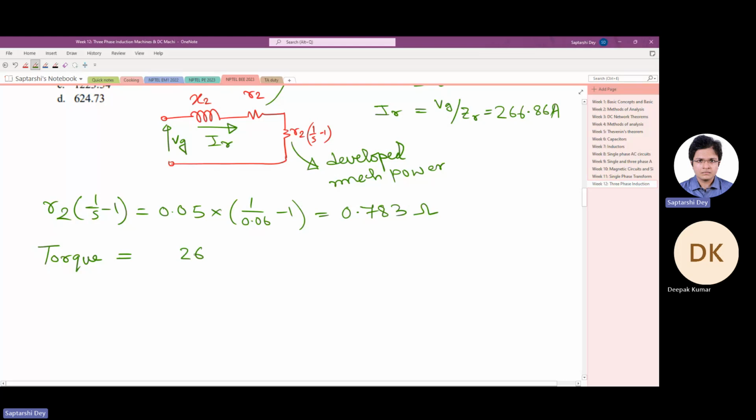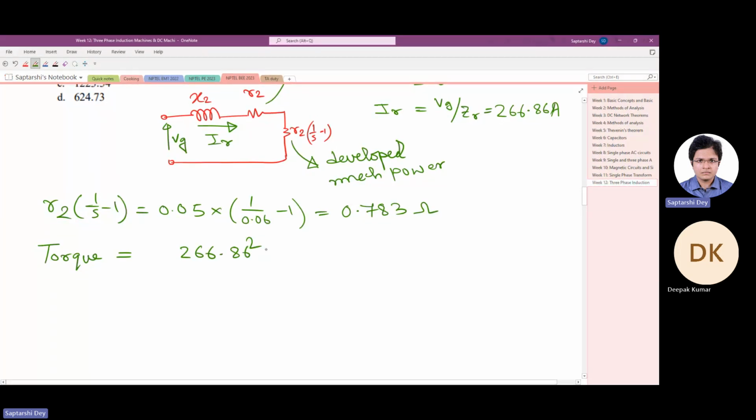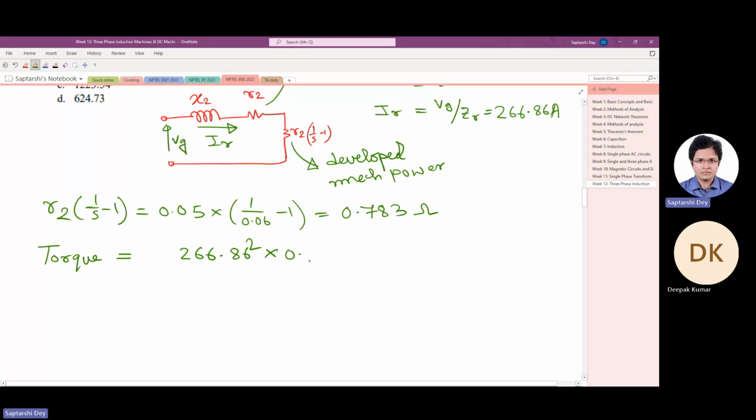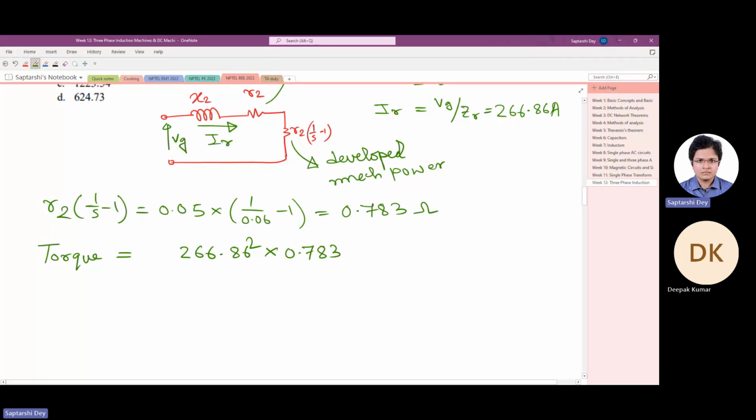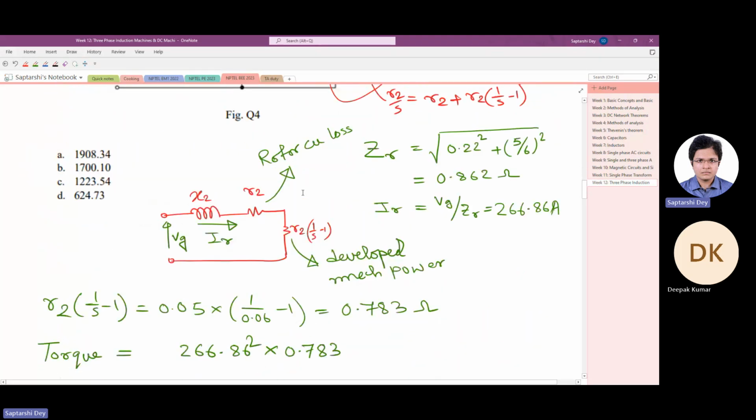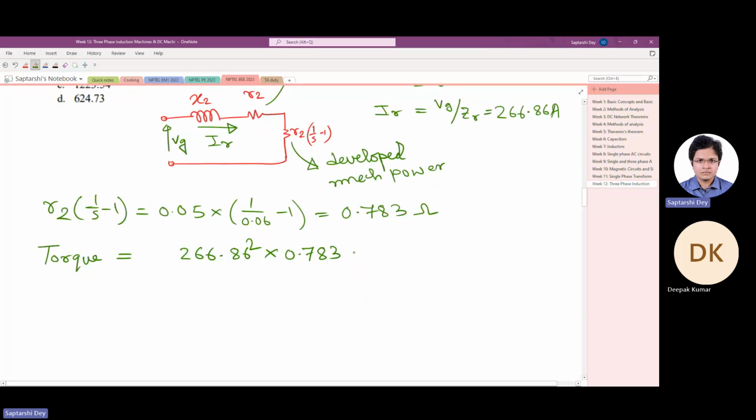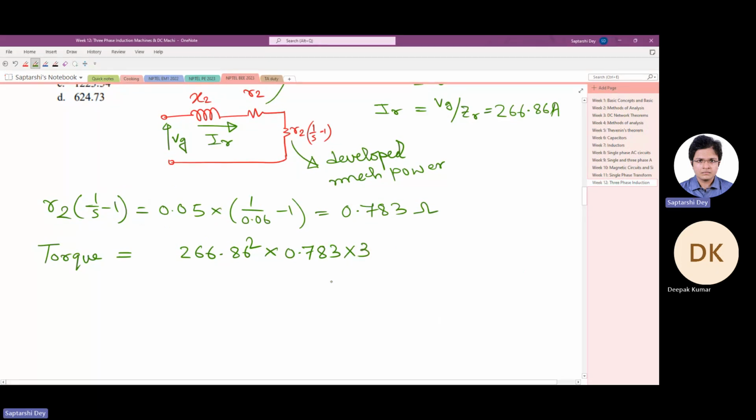So it is 266.86 squared times 0.783. Now this is per phase equivalent circuit. It's a three-phase induction motor. So the total developed mechanical power is this.